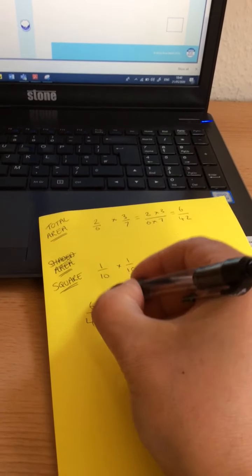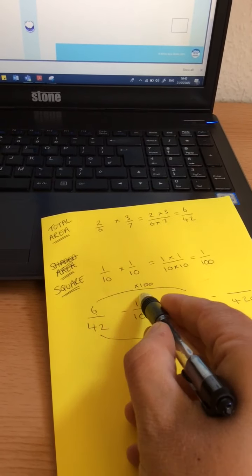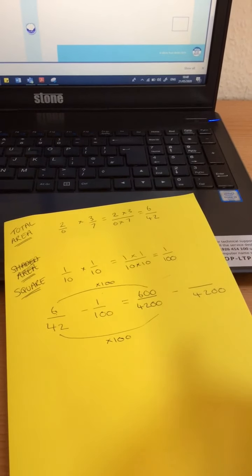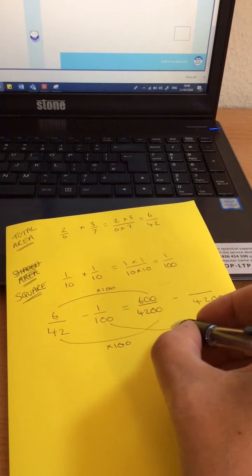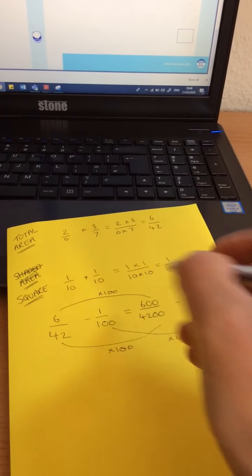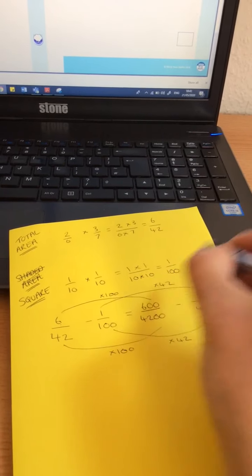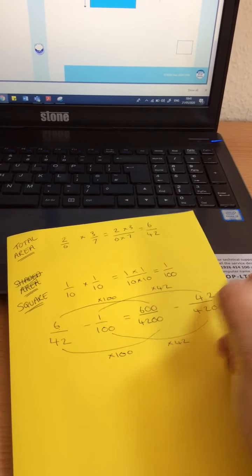Whatever I do to the bottom, I have to do to the top. So 6 times 100 is going to give me 600. And then this bit here, how do I get from 100 to 4,200? Well, I multiply by 42. Whatever I do to the bottom, I have to do to the top. 1 times 42 is going to give me 42.